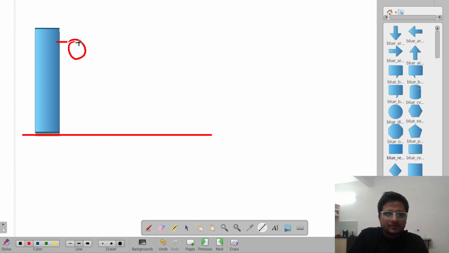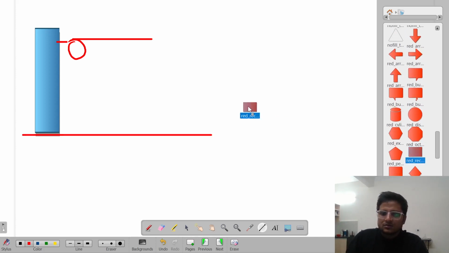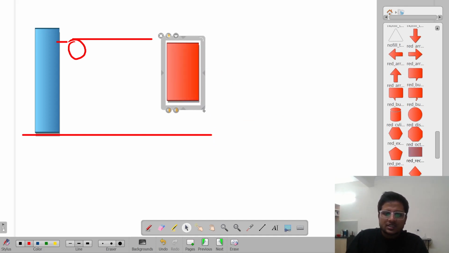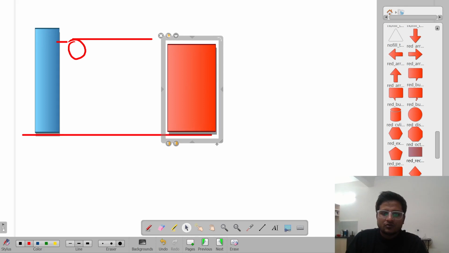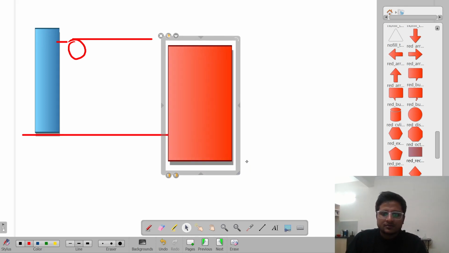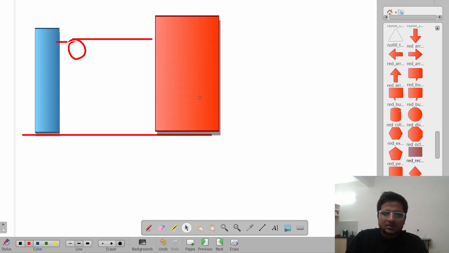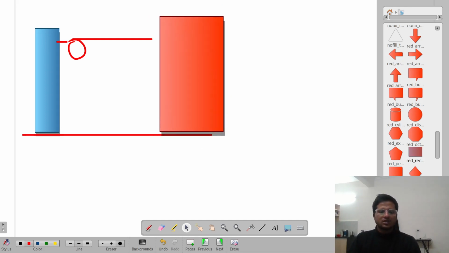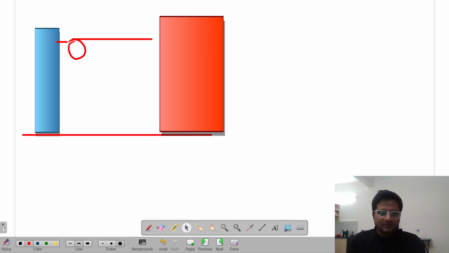And this pulley is attached with a block which can move easily over here. Let us suppose this block can move perfectly easily. Now let us imagine that this is also attached with one of the pulleys attached with the block. Got it or not?